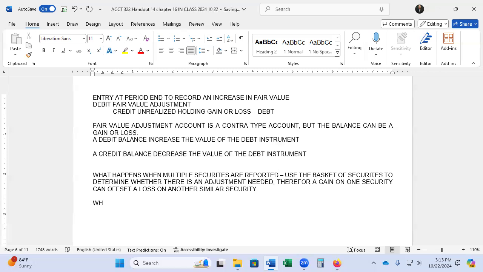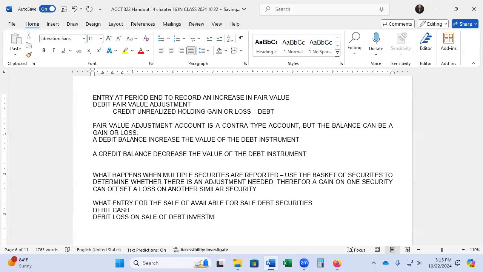And so now, what is the entry for the sale of available for sale debt securities? You would debit cash, you would debit loss on sale of debt investments if it was appropriate.